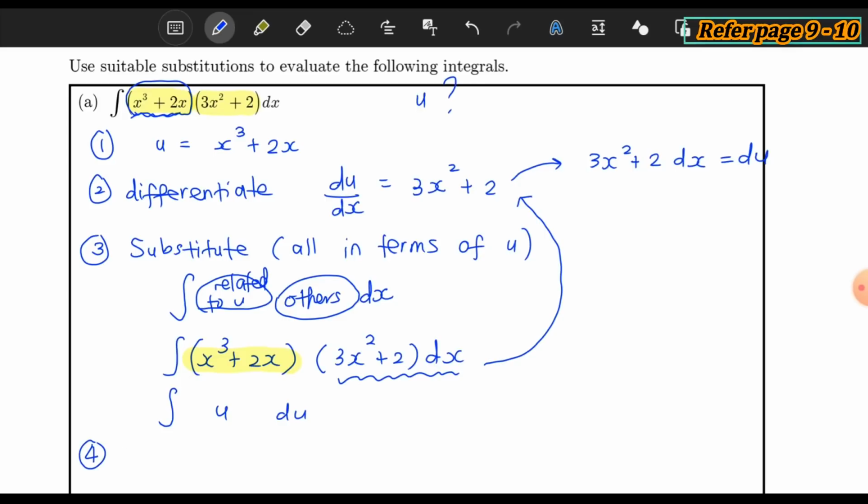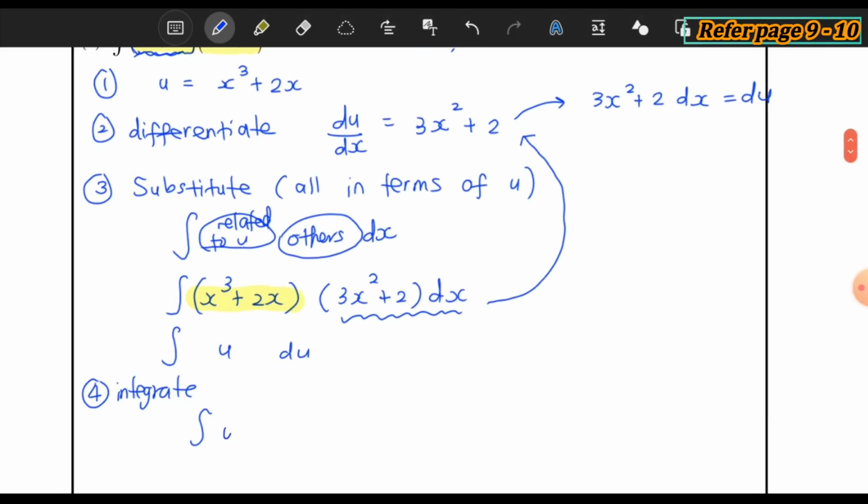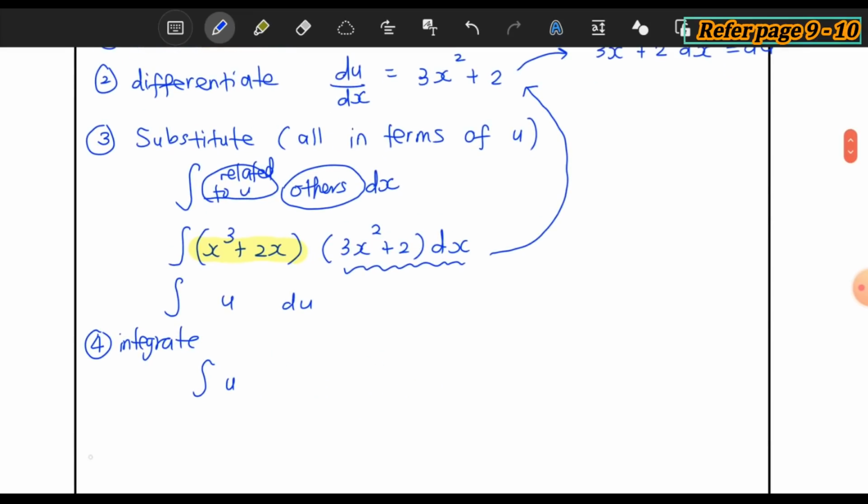Next. Step number 4. We need to integrate. We have integrate u du. The answer will be u squared over 2 plus C. And step number 5, we need to substitute back to x.